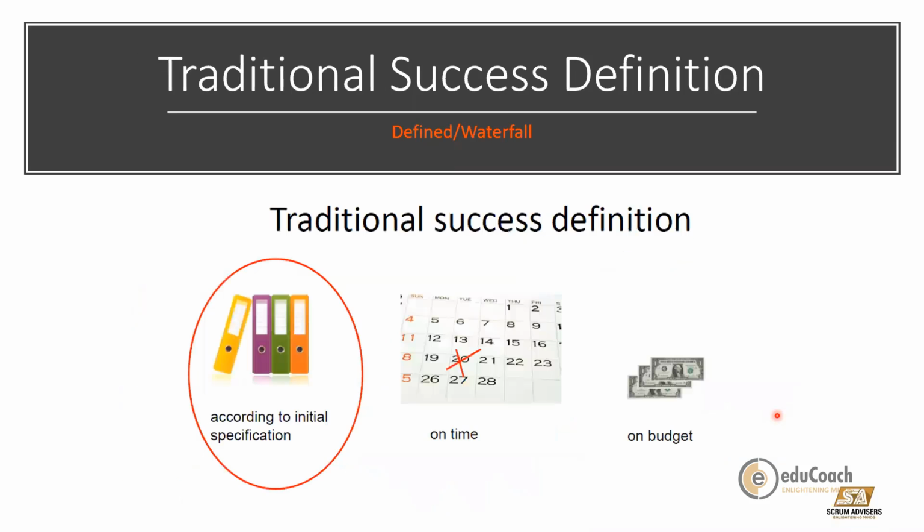That's our traditional success definition, which is based on scope, time, and budget. So the three things we're looking at are scope, time, and budget, and that defines how a traditional project would be a success.